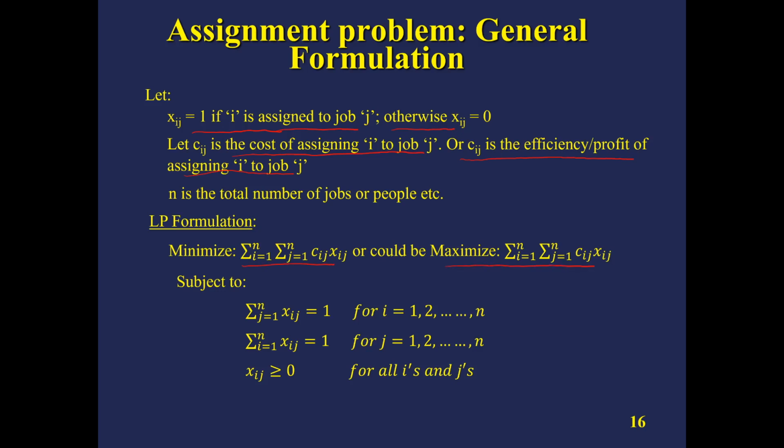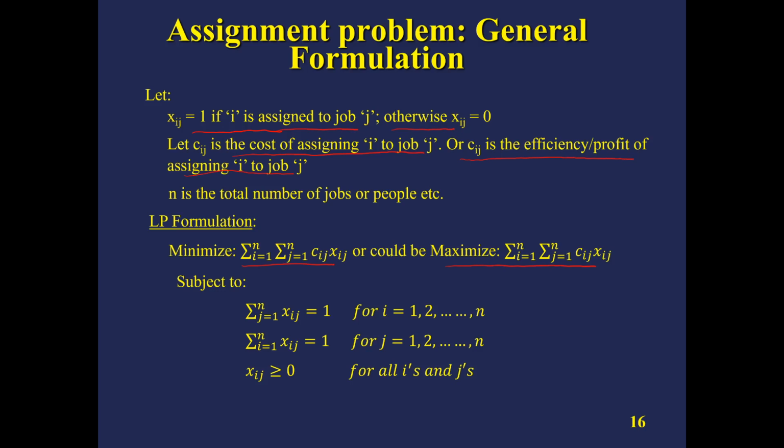And subject to these constraints here: the sum of xij is equal to 1 for each j from 1 to n, and the sum of xij is equal to 1 for each i from 1 to n, where n is the total number of jobs or people.